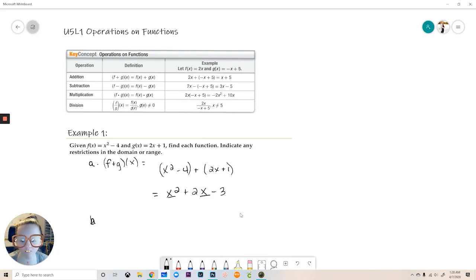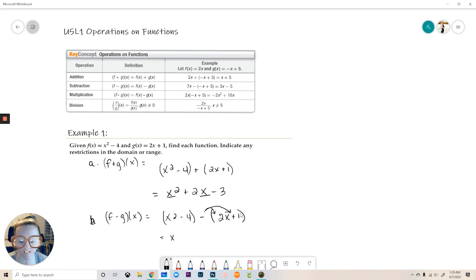Part B says f minus g of x, and this is where parentheses are going to really come in handy because you've got f, which is x squared minus 4, minus g of x. So this minus is going to be distributed into both.